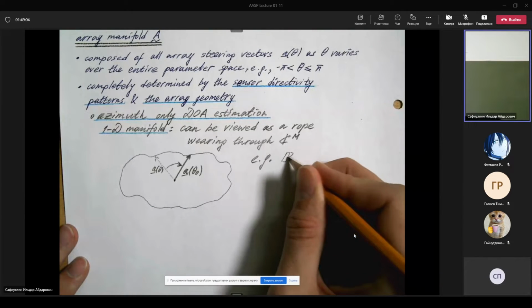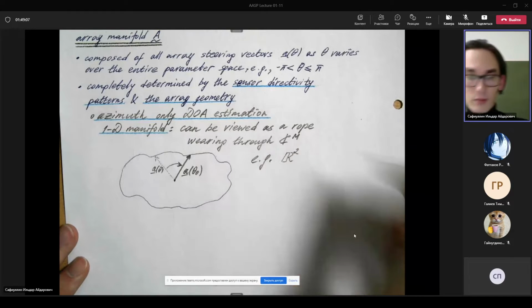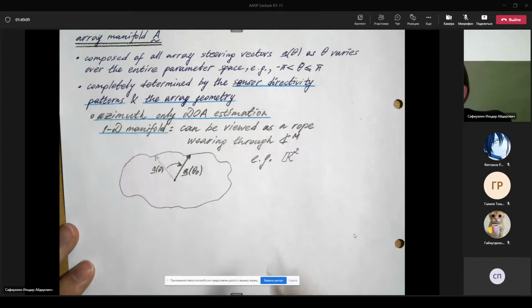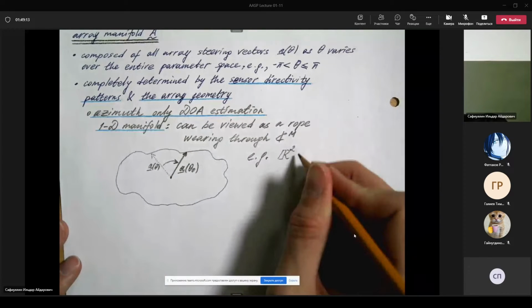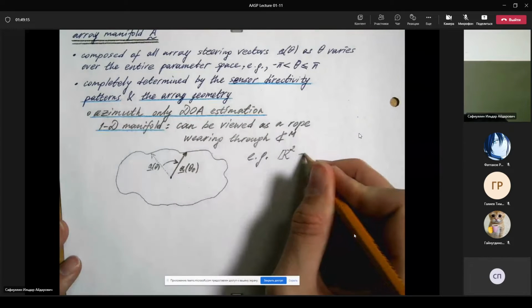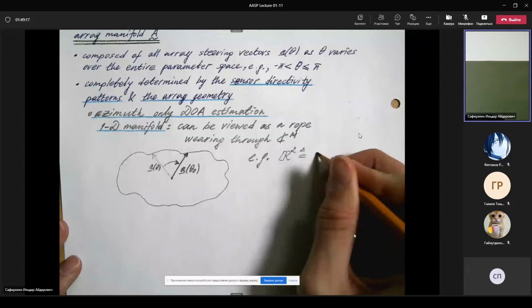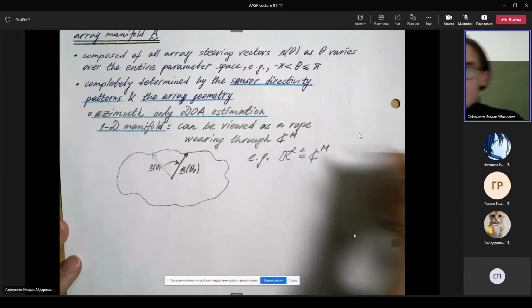So we will show it as this space, real space of 2 axes equivalent to our complex plane of size m.